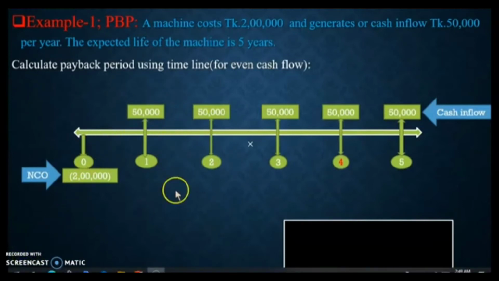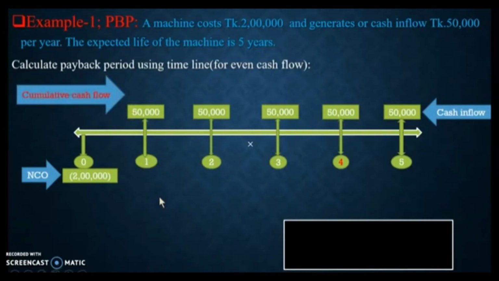Now we accumulate our cash inflows against the initial investment of 2 lakhs. Cumulative cash inflow for the first year is the same, 50,000. For the second year we add 50,000, that will be taka 1 lakh.